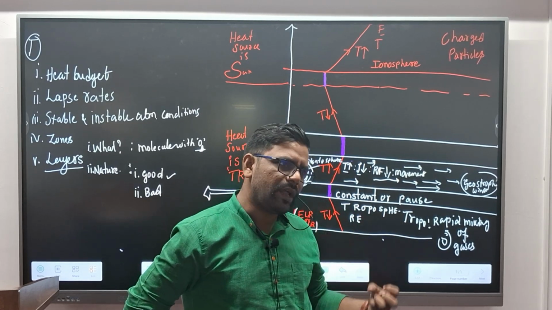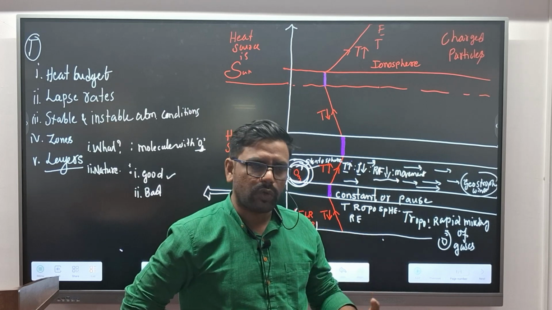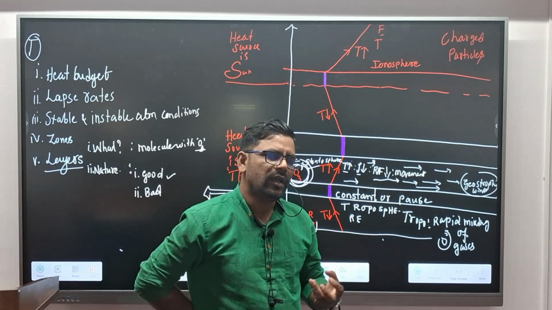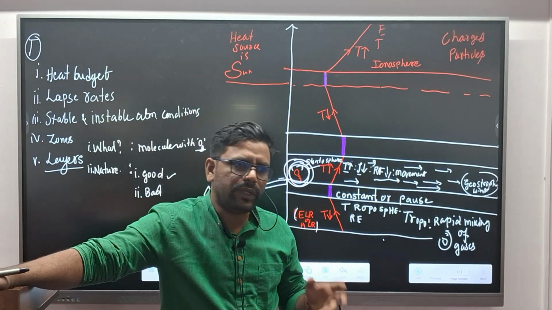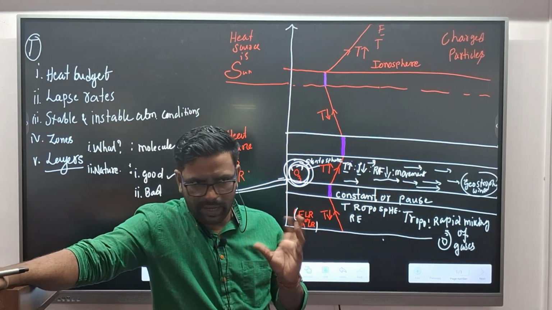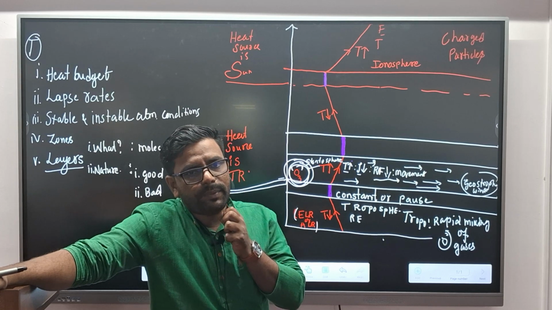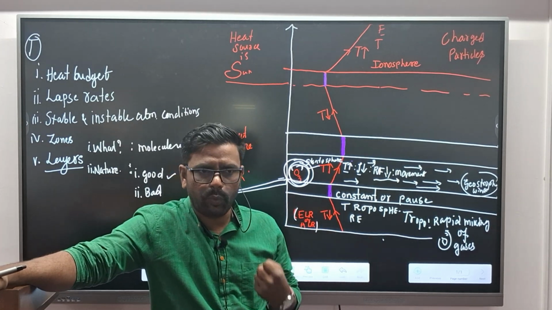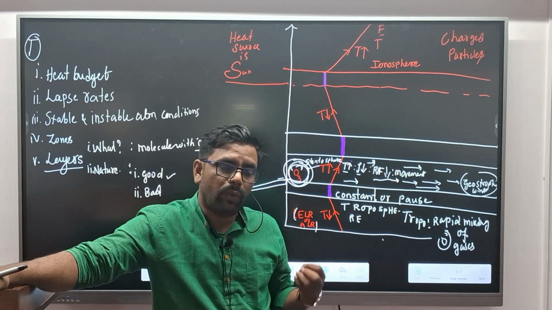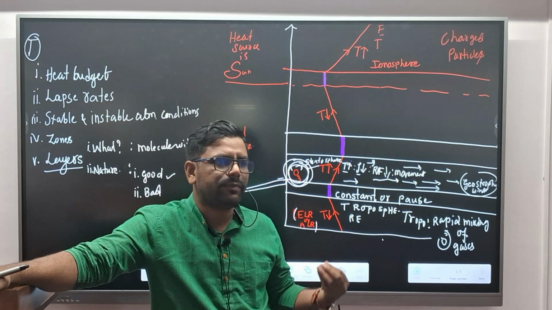So here we understood that it is good because it filters out harmful UVC radiation from reaching the Earth's surface. Because of this quality, we need to protect it, because it is protecting us.